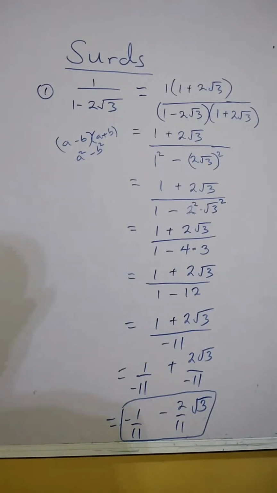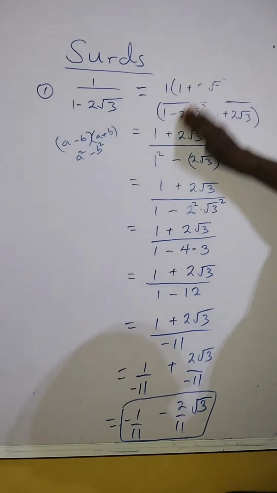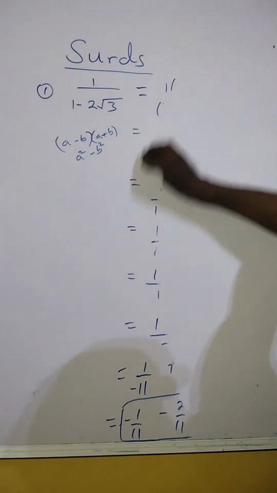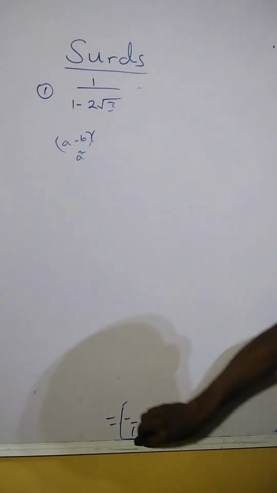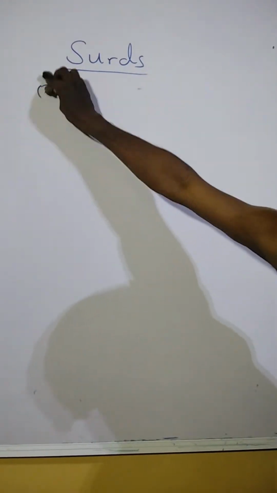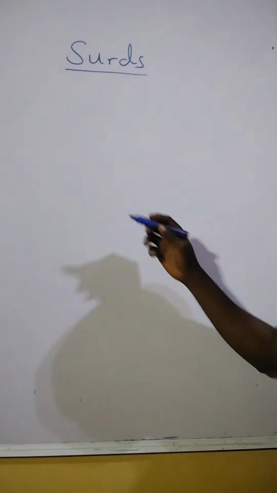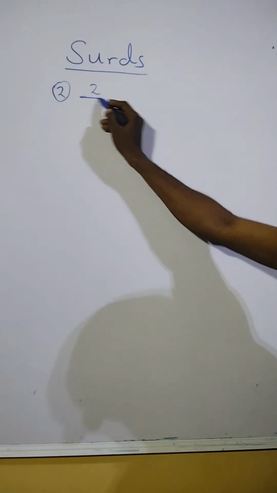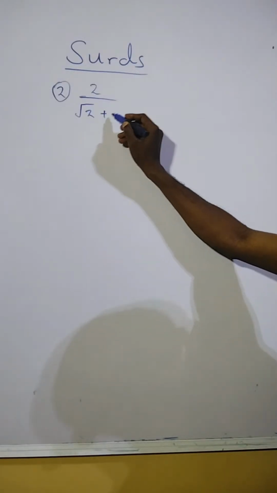Then also, let's look at question number 2 here. Simplify 2 over root 2 plus root 5.